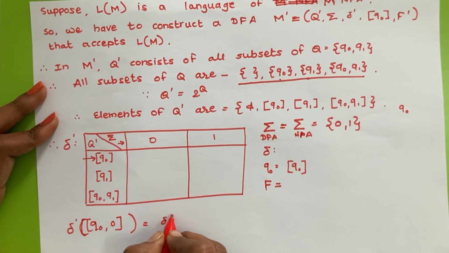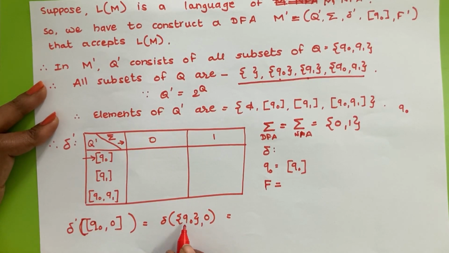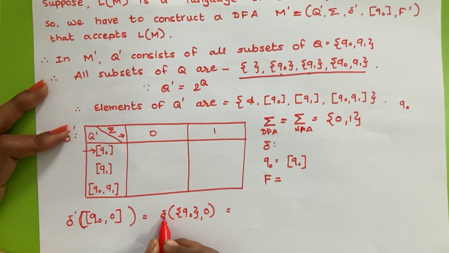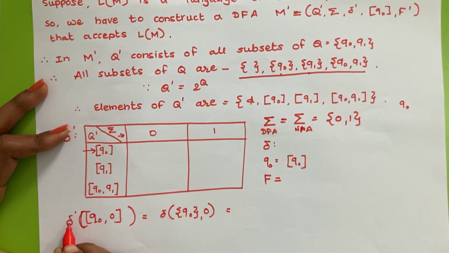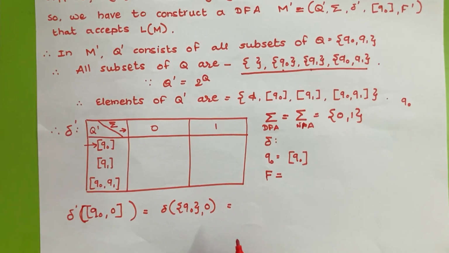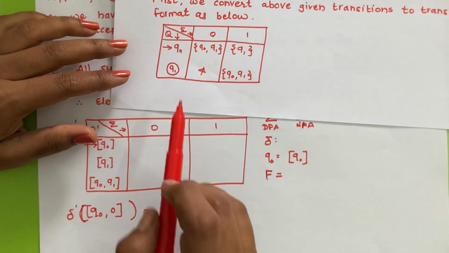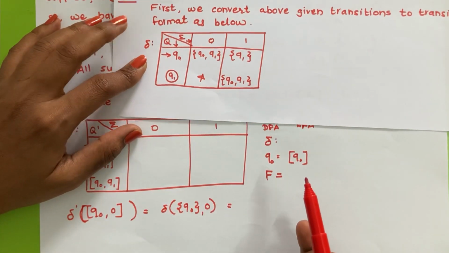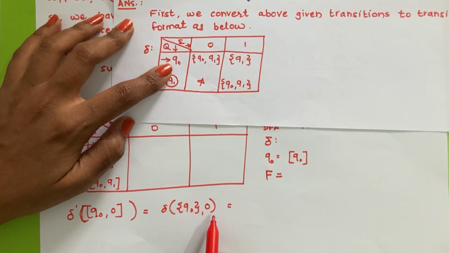That will be found from this table. Delta stands for the NFA, delta dash stands for the DFA. So for Q0, 0 we have this delta, which is the delta for the NFA. From this table we have to find the value for this.